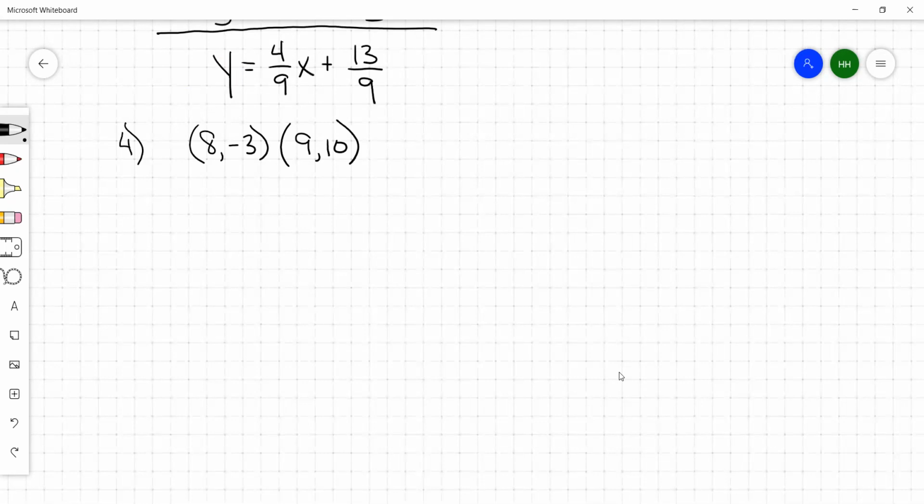And all of the equations that they give you use this first point because there's 8s and 3s in all of your answers. So we're going to find the slope first. 10 minus -3, 9 minus 8. So we get 13 over 1, which is 13.